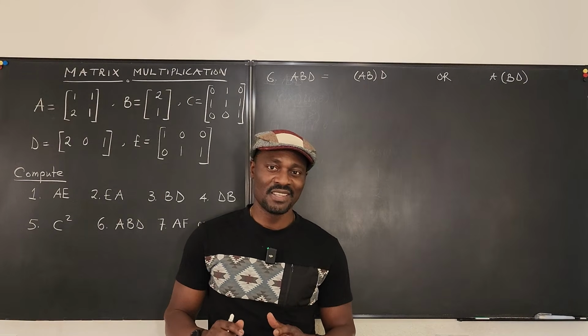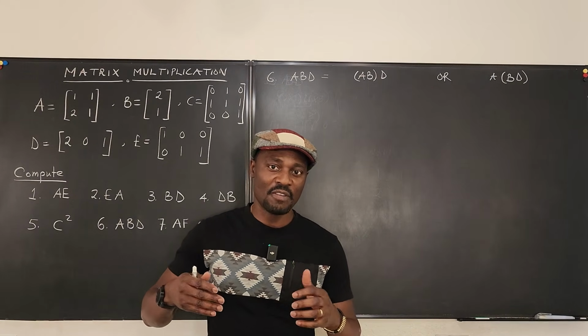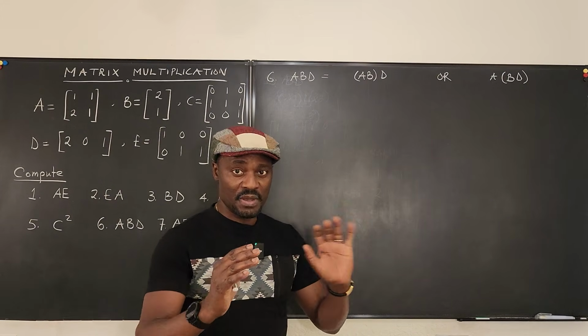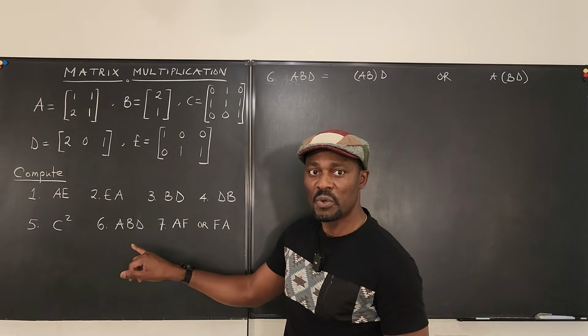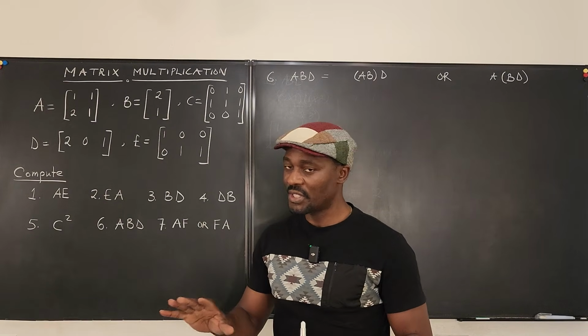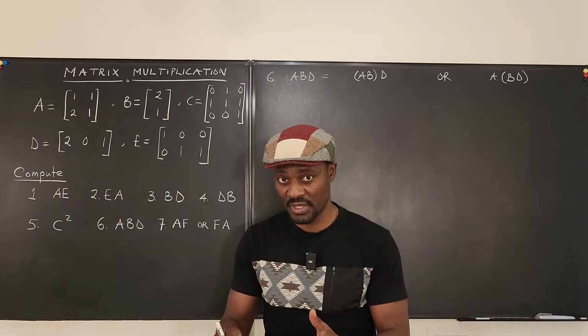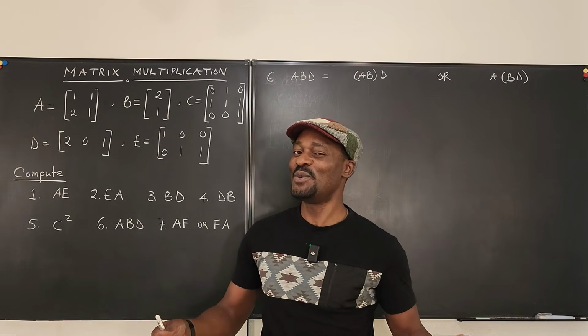Question number 6 is to explain the concept of associativity of matrices. Now, if you do not move them around, you leave them the way they are. A comes before B and B before D. The rule just simply says, it doesn't matter which two you multiply first, you will get the same answer. See, that's a huge relief.